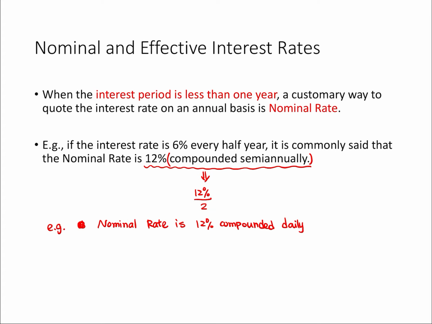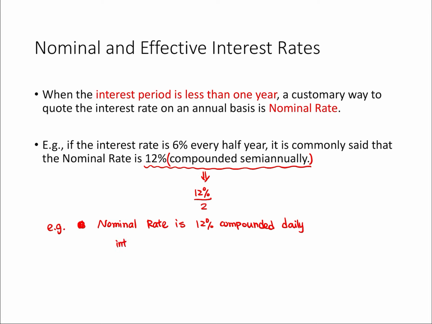daily. Wow, that's very extreme. Then what is the interest rate per period? If you're compounding that daily, which means your interest period is day, okay? So in a year, you have to compound that 365 times.